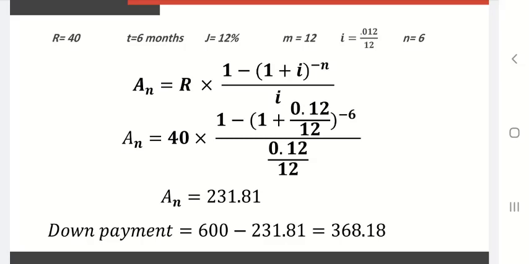So, in the formula, A sub N equals R times 1 minus 1 plus I to the power negative N over I. A sub N will be equal to 231, and the down payment will be equal to 600 minus 231 equals 368.